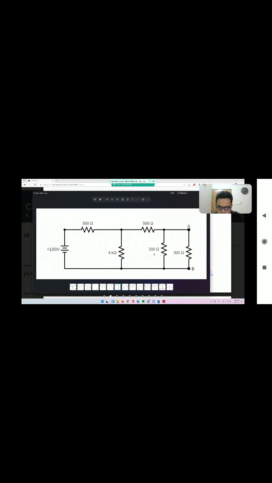Your target is to find the current going through this 300 ohm resistance by simplifying this circuit. Let us find the simplified circuit first, E0 and R0, and then you can easily find the current going through this 300 ohm resistance. Let us do it, everyone.